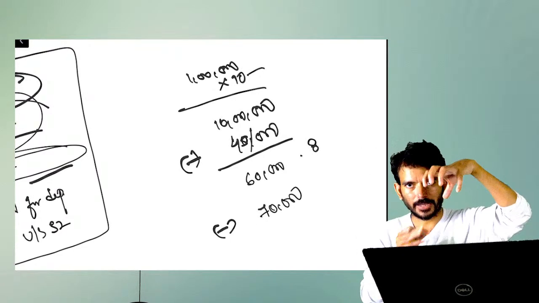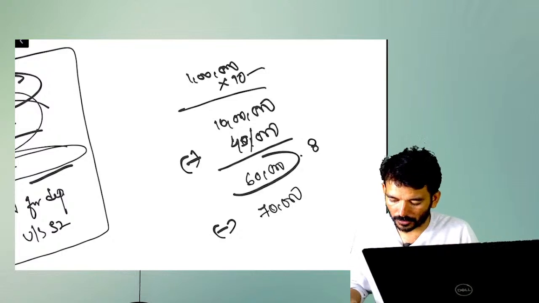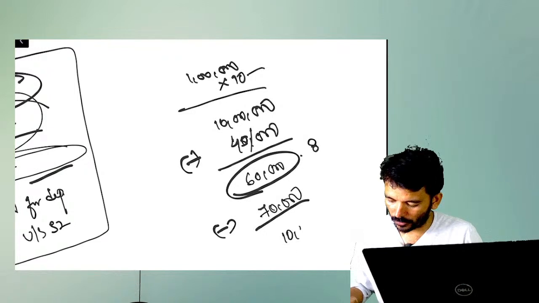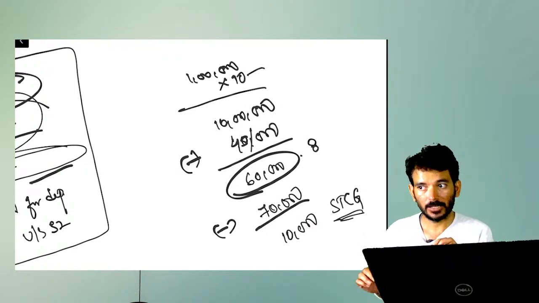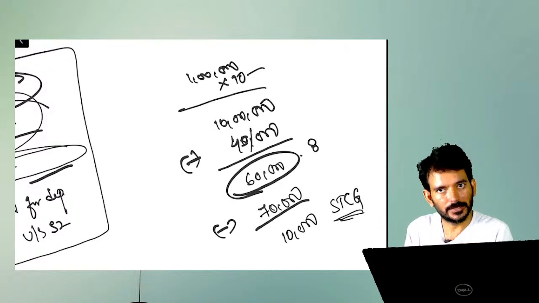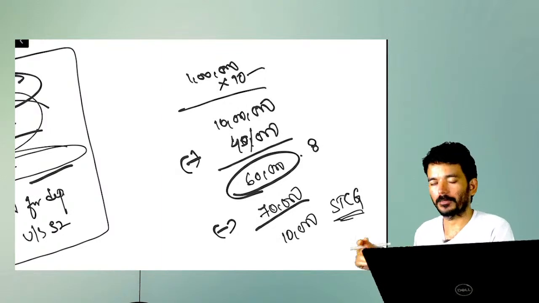So out of 10, 8 have been sold, but the selling price is more than my WDV. So I cannot have a depreciation for that particular year. I will have only 10,000 as a short-term capital gain. I am repeating, even though you have a capital asset in your block, if the value is 0, you will not charge depreciation. That will become your short-term capital gain or short-term capital loss.